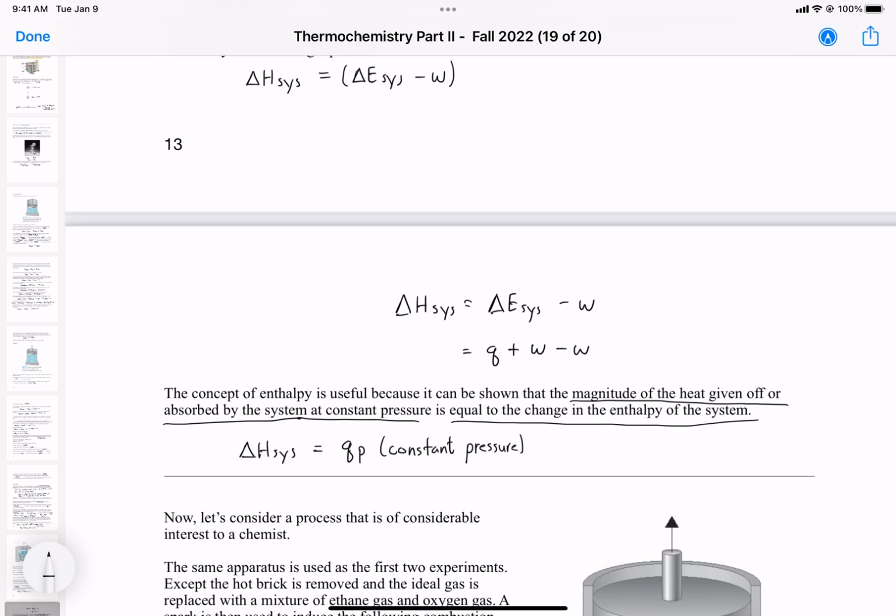The system may have absorbed energy from the surroundings, or it got compressed before a chemical change. So we say that the total energy of the system is conceivably either from heat or work done on the system. Since work is being done on the surroundings, we can cancel these terms out, and we get delta H of the system is equal to Q.